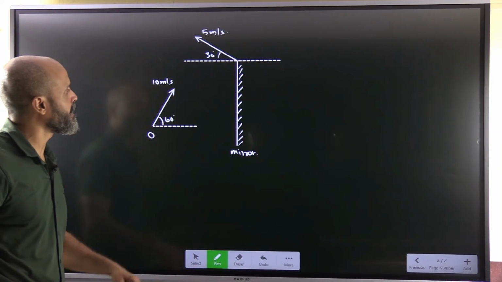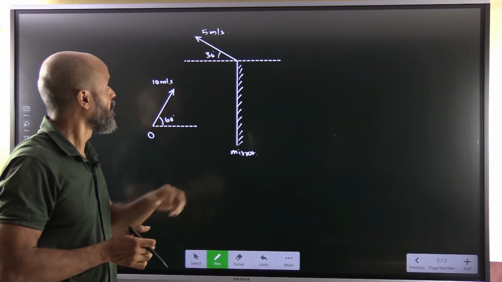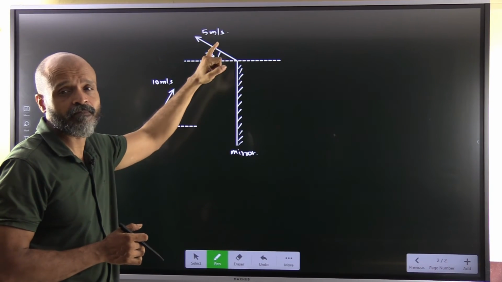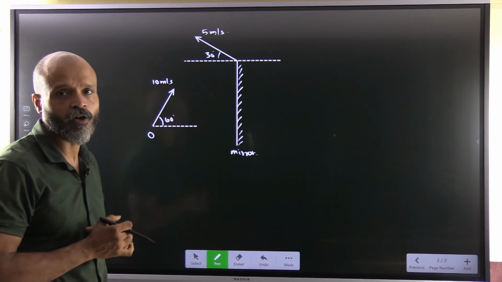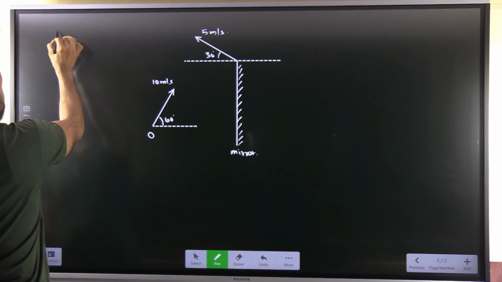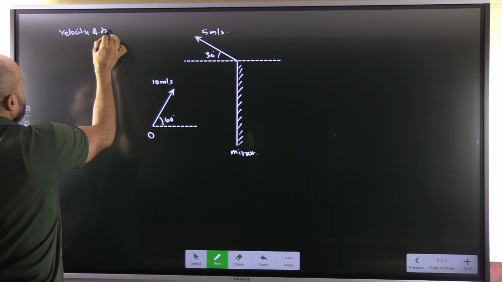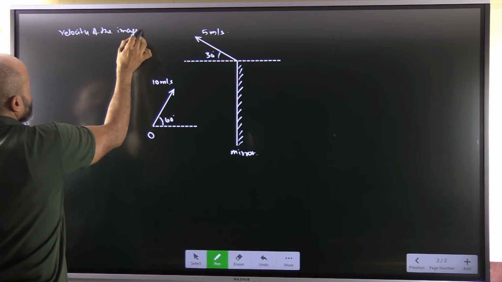And we have simultaneously a mirror which is moving at a speed of 5 meter per second, making an angle of 30 degree with the horizontal. We have to calculate the velocity of the image.